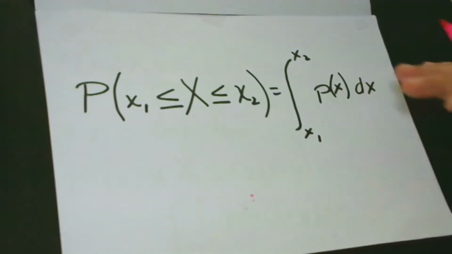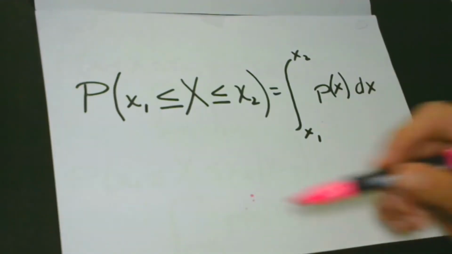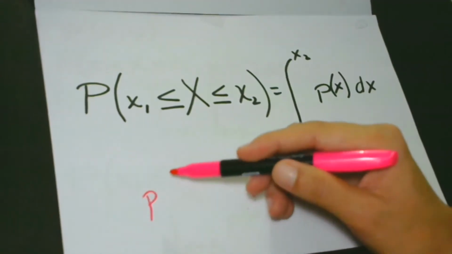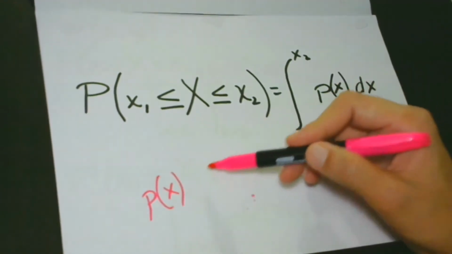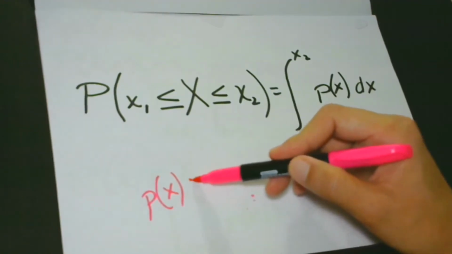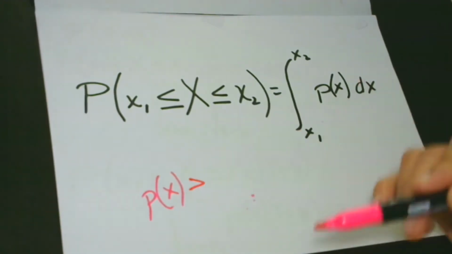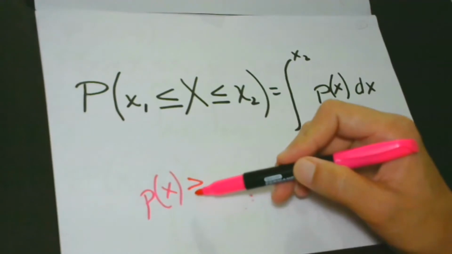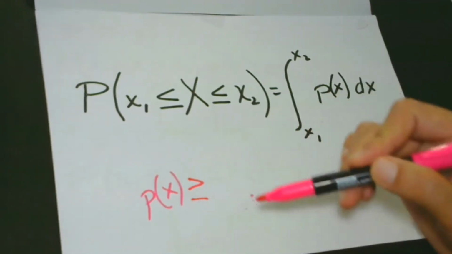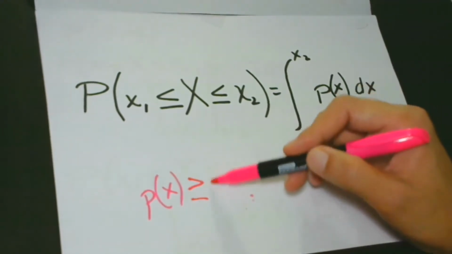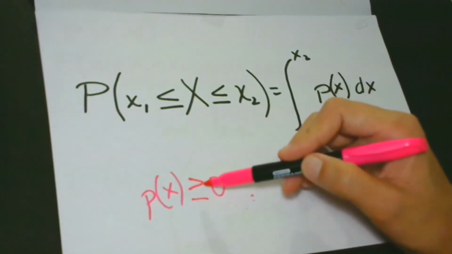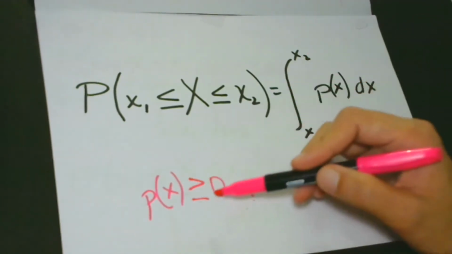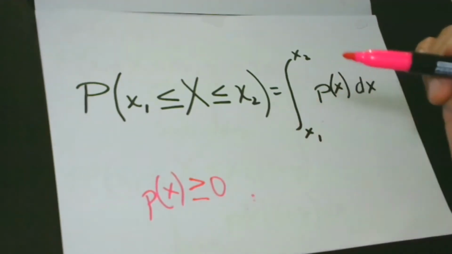So what's the meaning of this? So this means that p(x) can be bigger or higher or equal to 0. p(x) can be greater than or equal to 0.